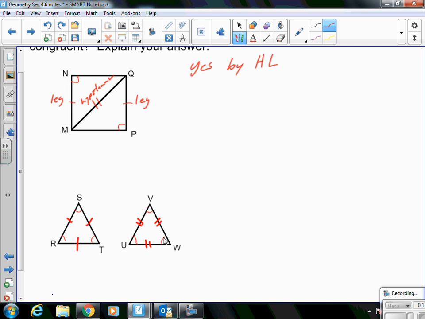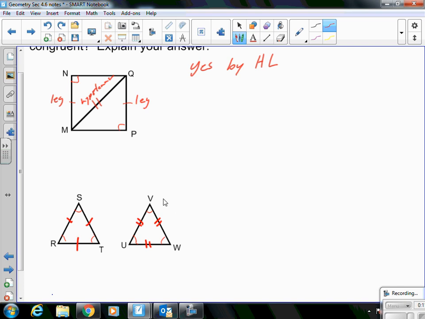So would we be able to prove those triangles congruent? I see one shaking of the head.